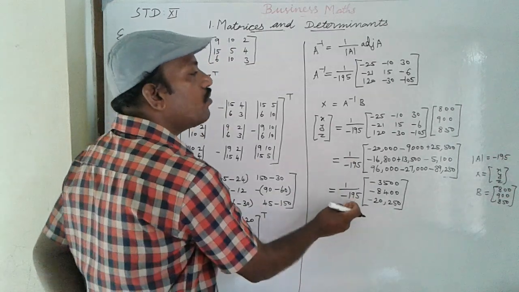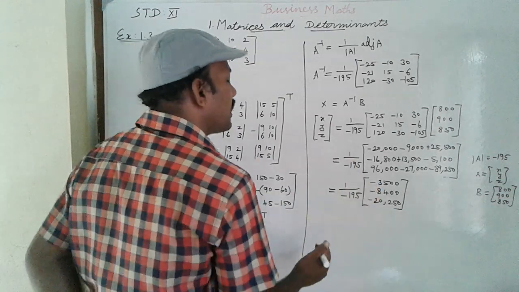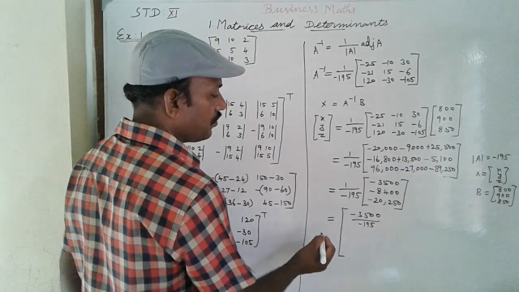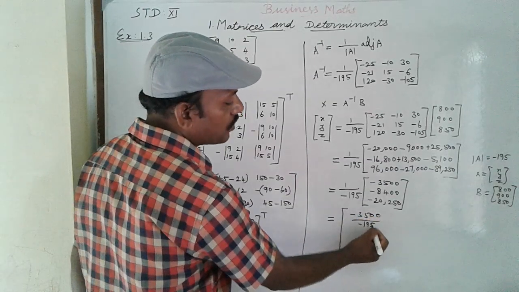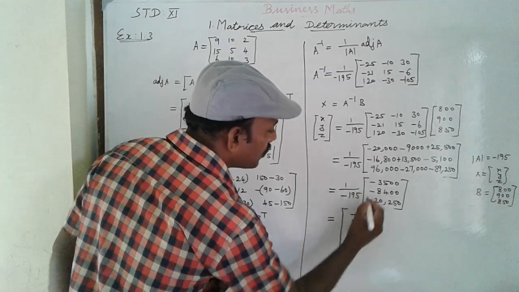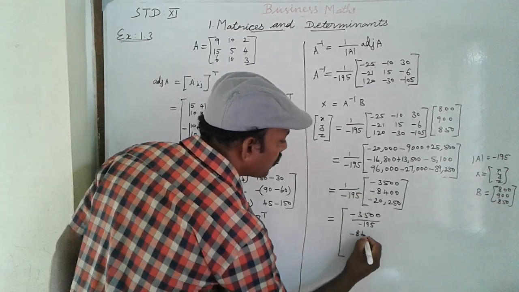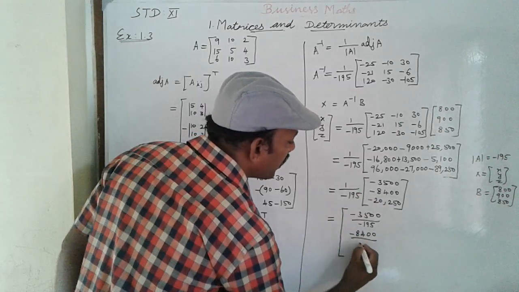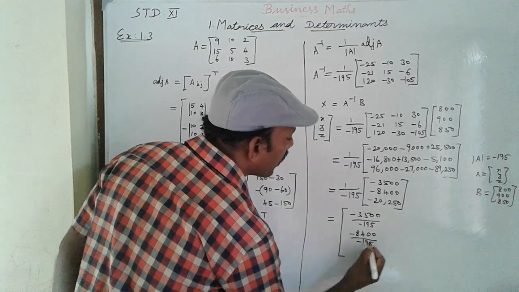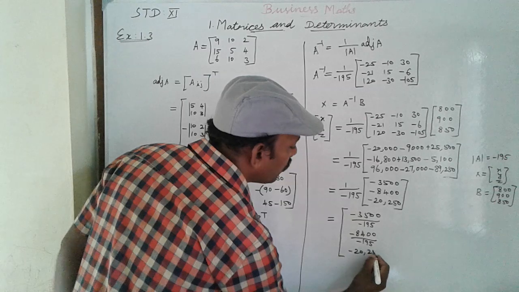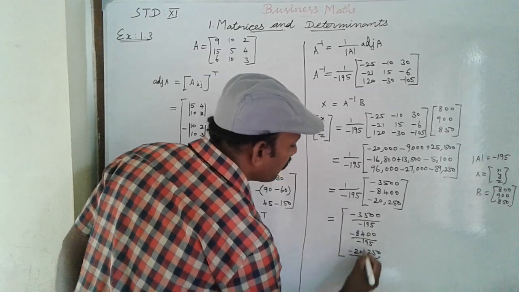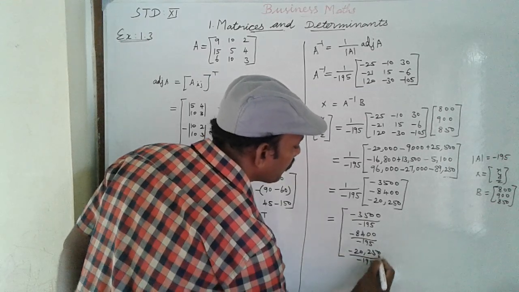Next we take 195 inside: minus 3,500 divided by minus 195. Next minus 8,400 divided by minus 195. Next minus 20,250 divided by minus 195.